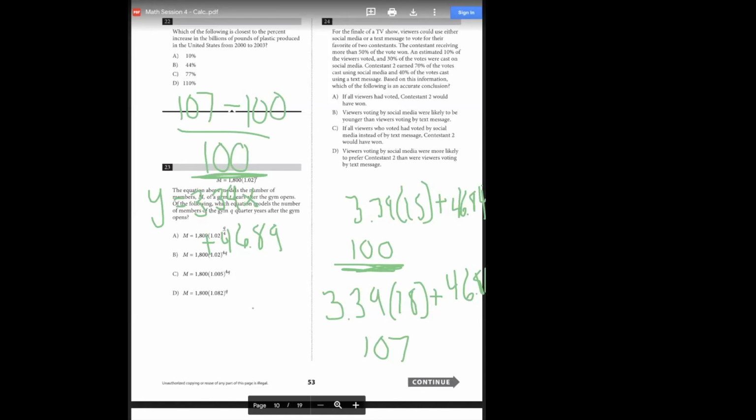It's asking which of the following is closest. When we do this, we get 7 over 100, which is 7%. These other options are all very far off, so the only one that's close is A. That would be the answer to that problem. I hope that made sense, and I hope that was a good review of percents.